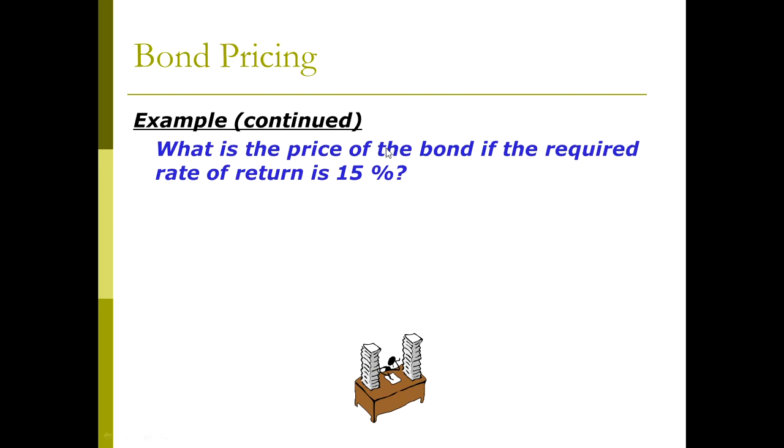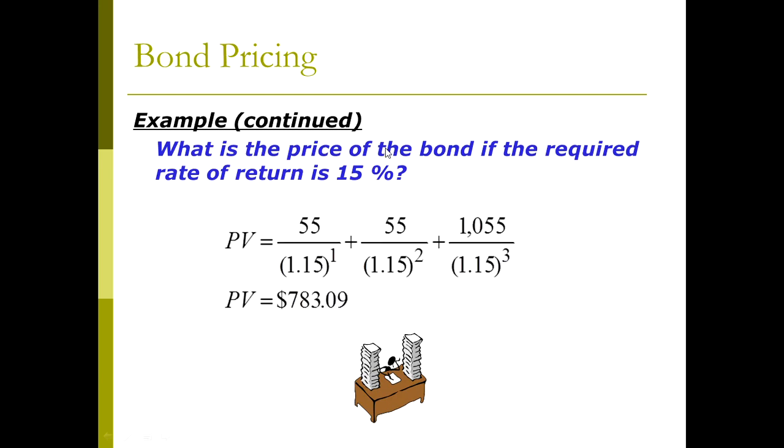What is the price of the bond, all else equal? Again, instead of using 3.5 or 5.5%, now we're using 15%. The structure of the cash flow payments is exactly the same. Now the price of the bond is $783 only.